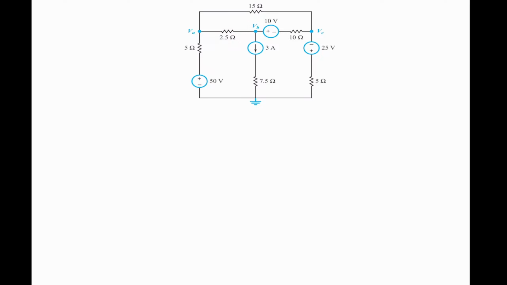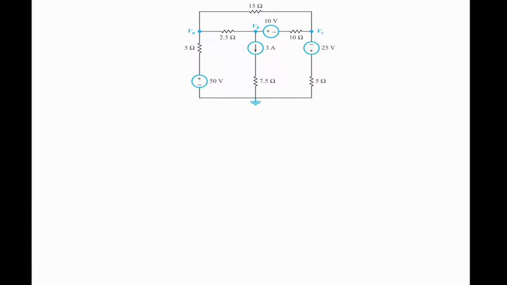So if we're applying KCL at terminal VB, we wouldn't take terminal VB with reference to ground, which is 0 volts all over 7.5 ohms, because that is saying the current in the branch is already known, which is 3 amps.